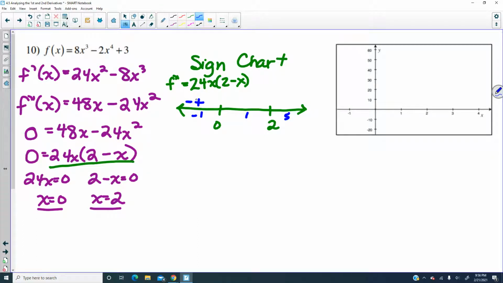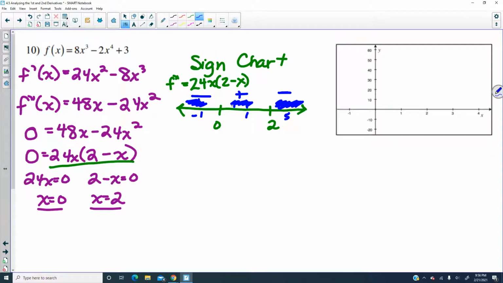So a negative times a positive makes this whole thing negative. For the middle part, 24 times 1 is positive, 2 minus 1 is positive, and a positive times a positive is positive. For 5, 24 times 5 is positive, 2 minus 5 is negative, so a positive times a negative is negative.